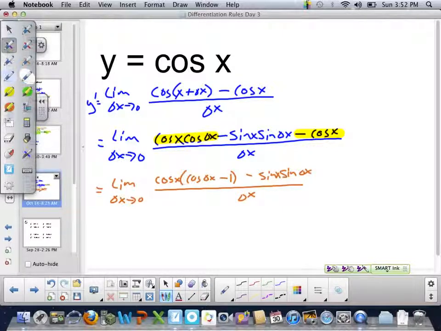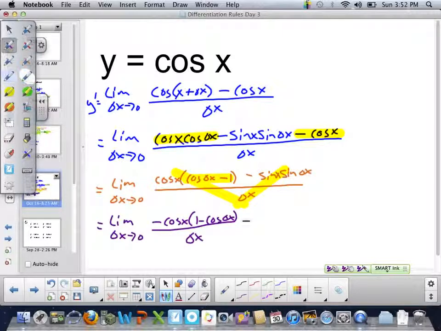From here, I want to rearrange this and split it into two fractions. So I'll get the limit as delta x approaches 0 of negative cosine x times 1 minus cosine delta x over delta x, minus sine x times sine delta x over delta x.